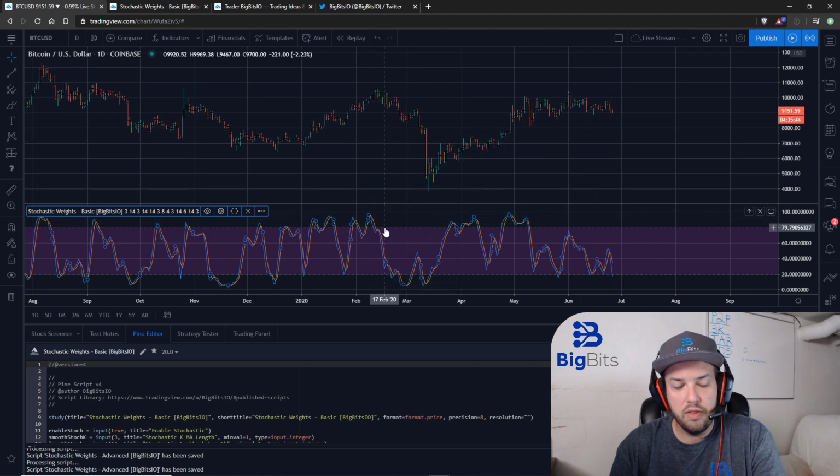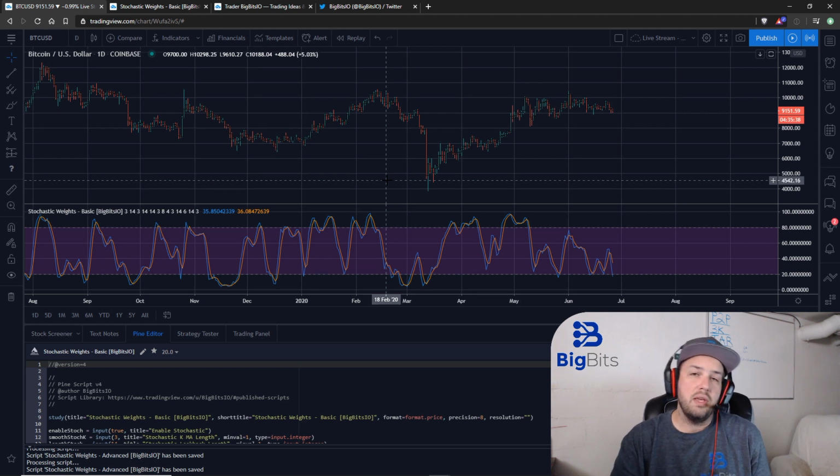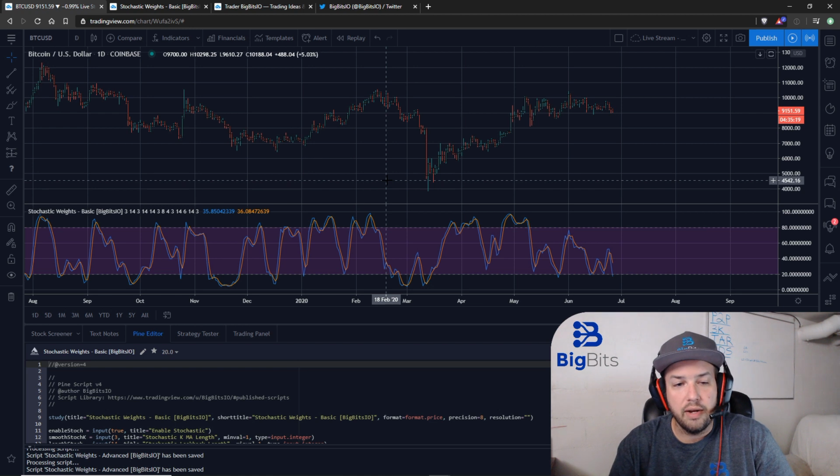But one of the things I'm going to be working on is the advanced stochastic weights, and this is actually going to be, I believe, my first private indicator that I'm going to share with everyone. I don't think it's going to be paid, although we might end up making a strategy out of it, or something out of that might end up being that way eventually. But for now, I will just grant anyone access to it who wants it.